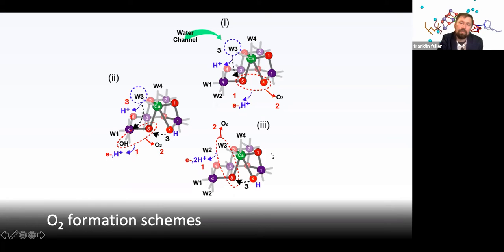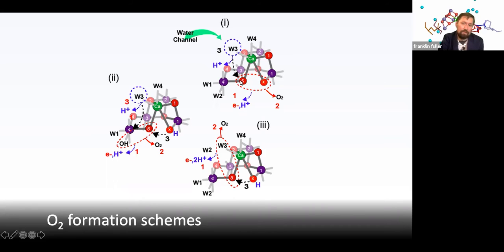Two of them think that the oxygen is formed between oxygen 5 and one of the adjacent water molecules. And then the role of this water that just bound is to replenish the O5 oxygen that I'm depicting here after oxygen is formed, so that the structure remains intact or stable.